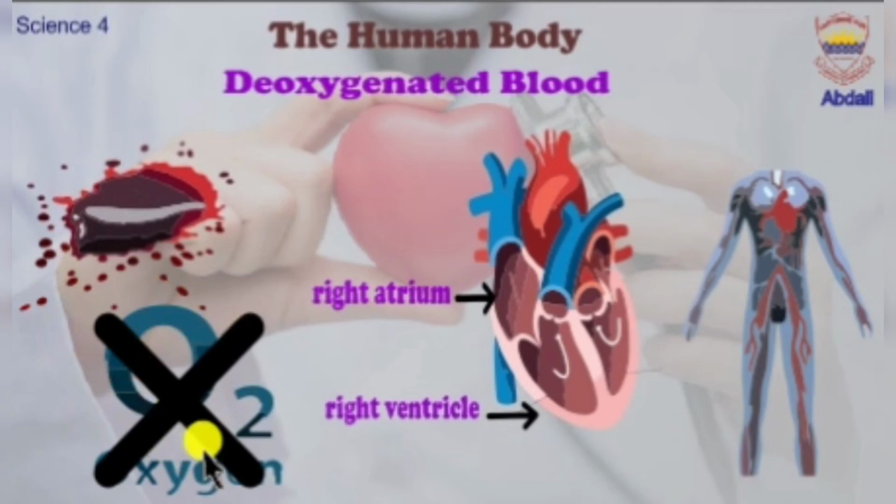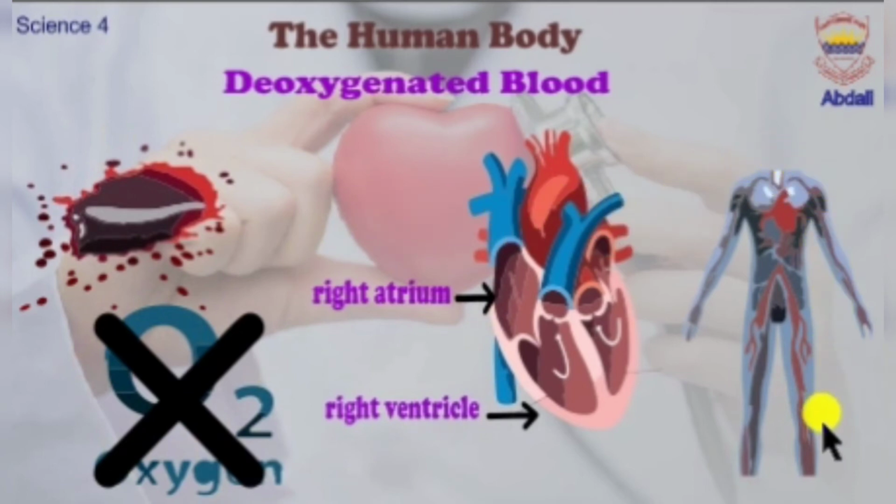Deoxygenated blood is that blood which has no oxygen and receives oxygen from the lungs.